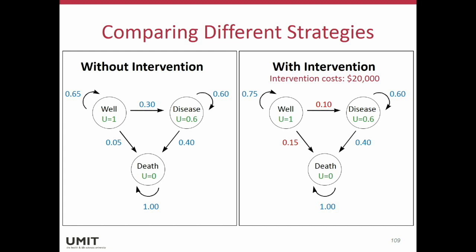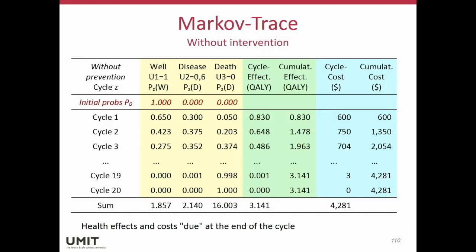The question was, where do the 30% of people being diseased in the first cycle come from? And this comes from the fact that we start off with our people that are all well, and we have the transition probability from going from well to disease of 0.3.